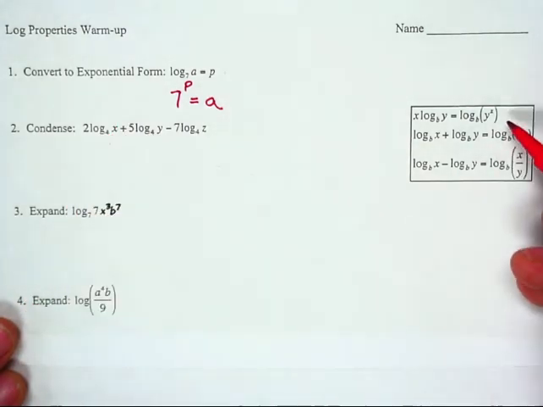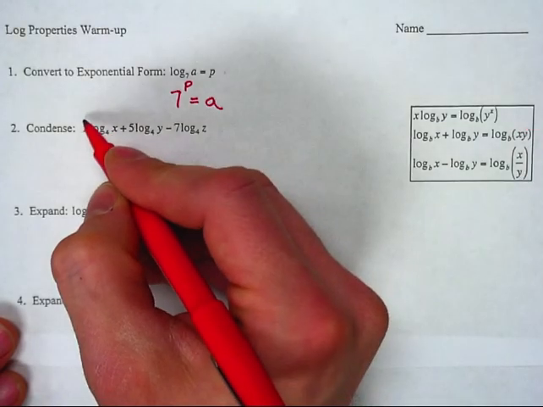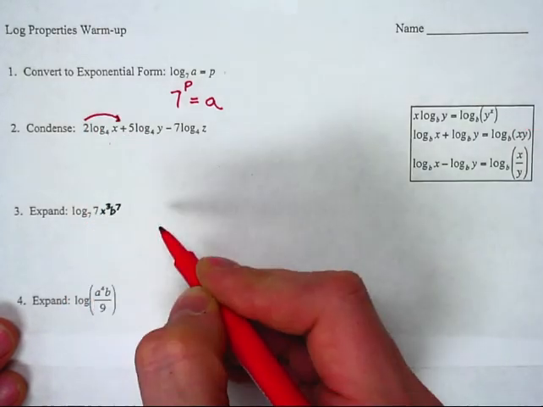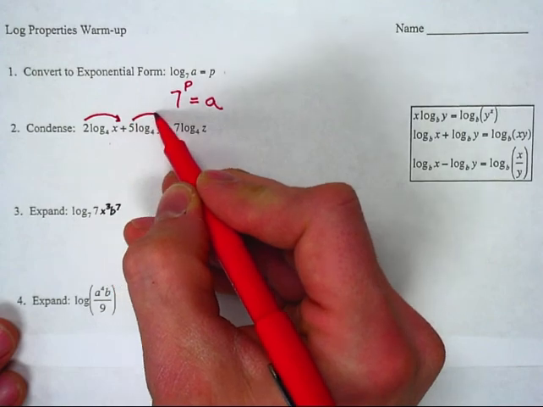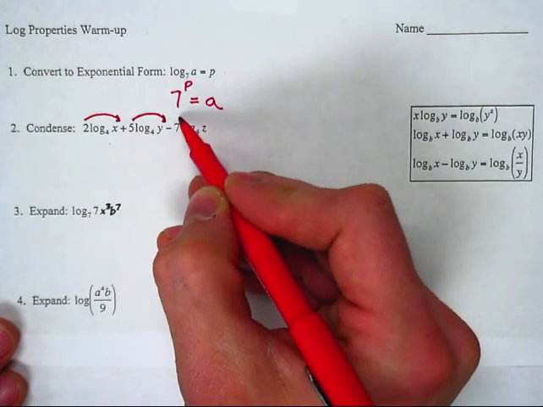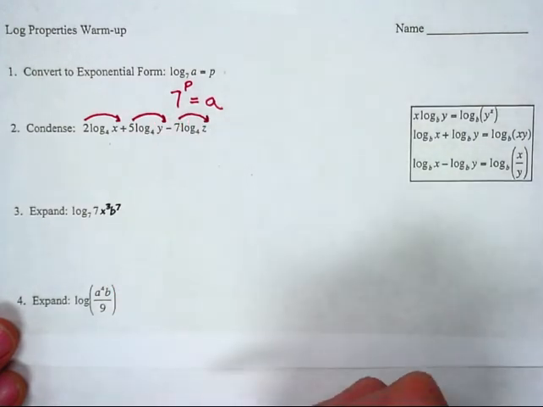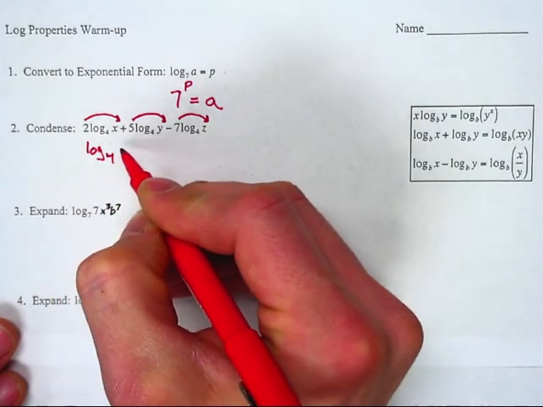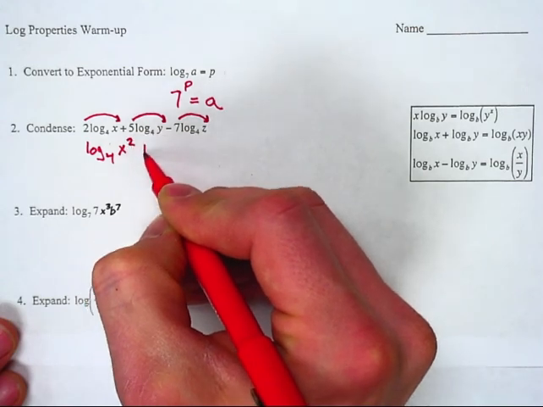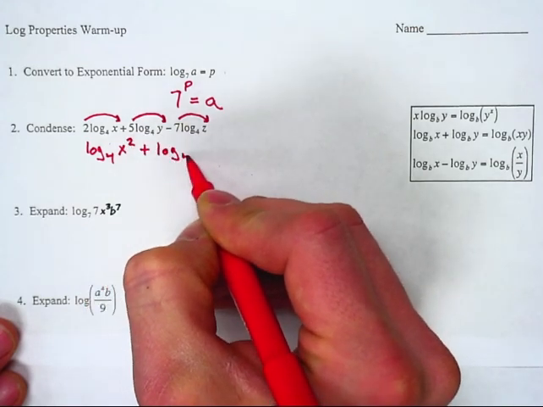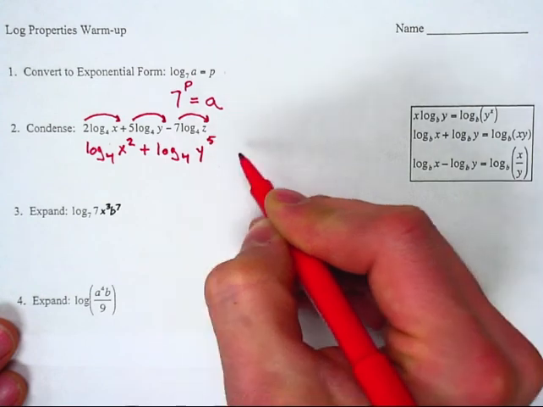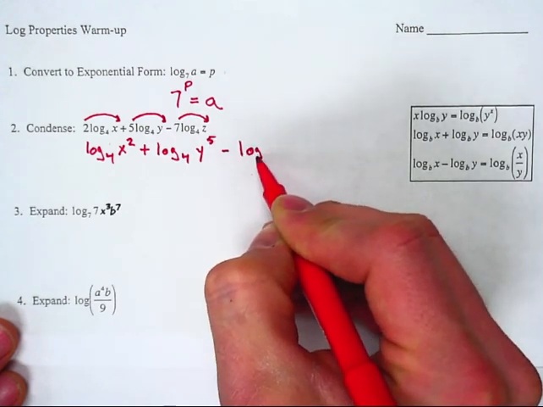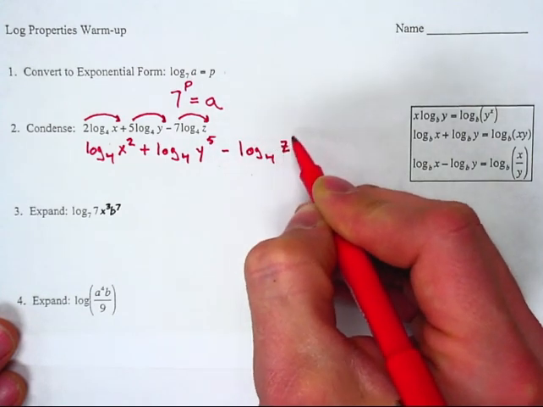The first one we're going to apply, and you always have to apply this one first, is the power property, which means that the 2 out front has to move into the exponent of x, the 5 out front has to move into the exponent of y, and the 7 out front has to move into the exponent of z. So we rewrite that. You have log base 4 of x squared plus log base 4 of y to the 5th minus log base 4 of z to the 7th.